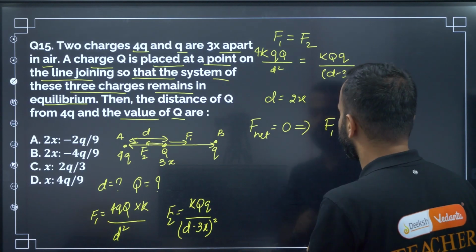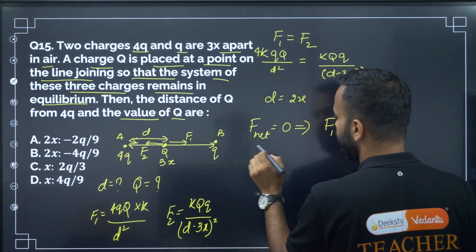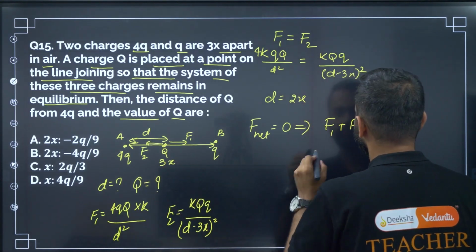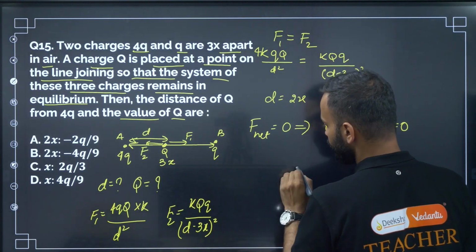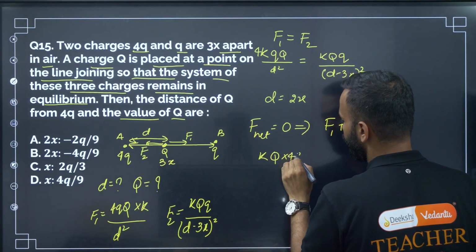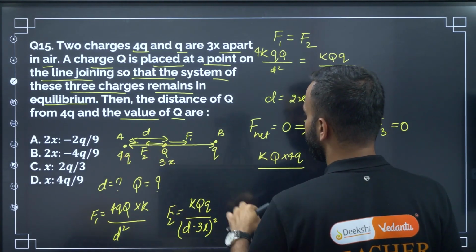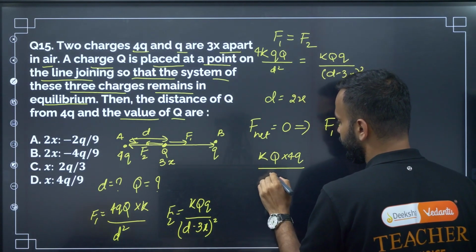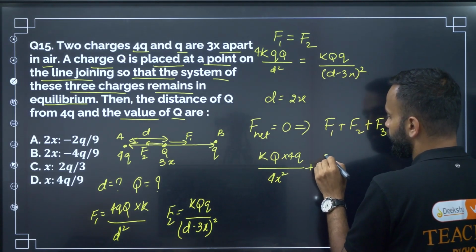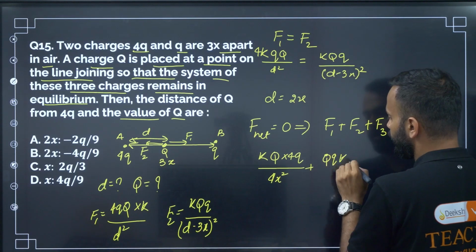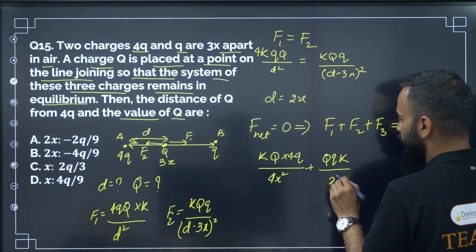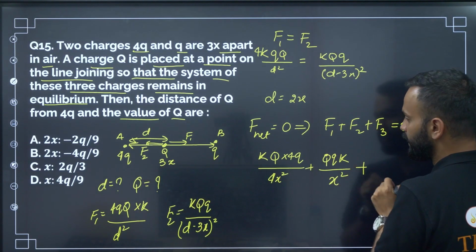We know F1, F2. F3 is k into 4q into q divided by 3x whole square. Now F1 is k q into 4q divided by the distance between 4q and Q, which is 2x, so 2x whole square is 4x square, plus F2. F2 is q into k divided by (3x minus 2x), that is x, so x squared, plus F3.